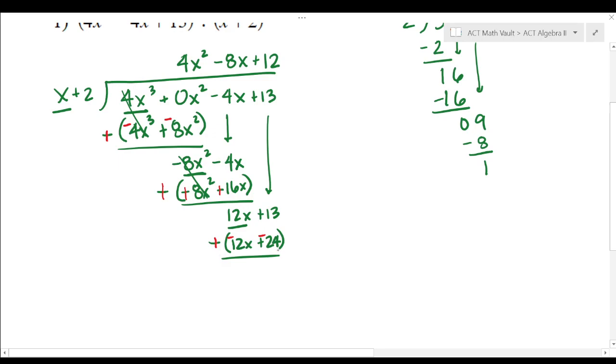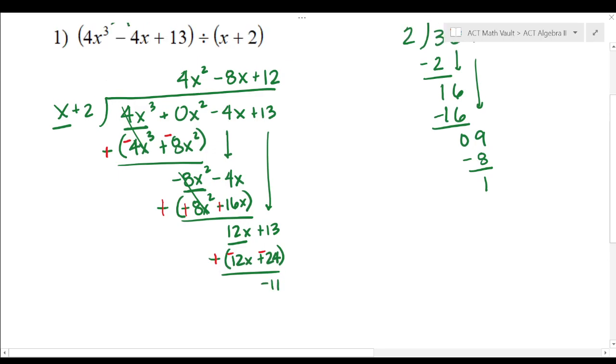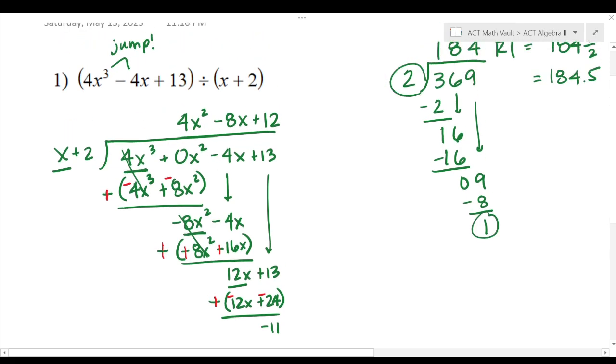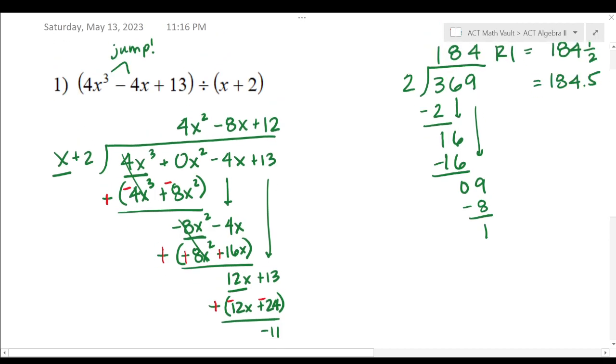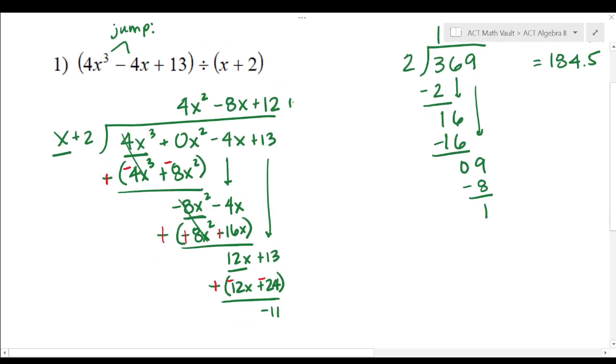What are we going to do with that? How are we going to have a remainder for something like this? Well, remember how the other one, it was just 1/2 was the remainder, because it's 0.5. Here, you're just going to write plus negative 11 over that divisor, the x plus 2, to write our final answer. So remember, our final answer is all the way up at the top.